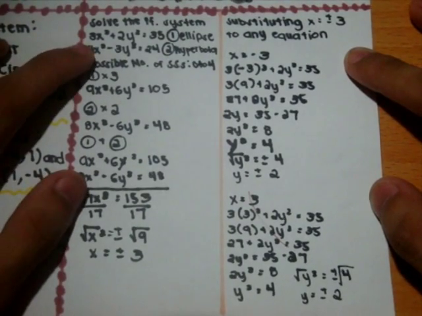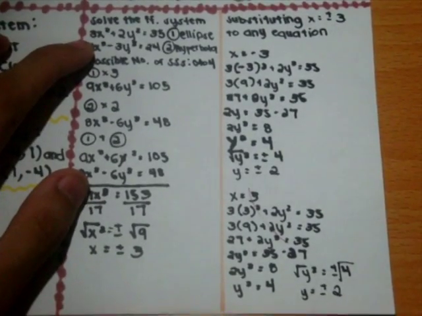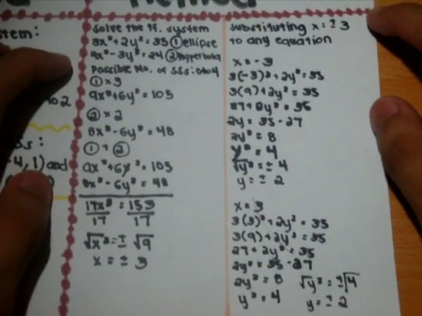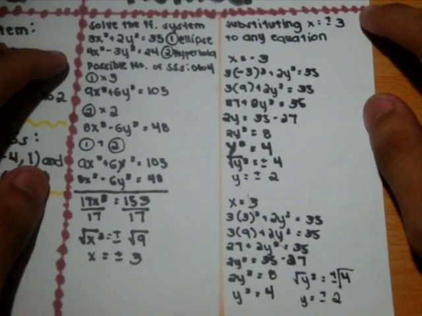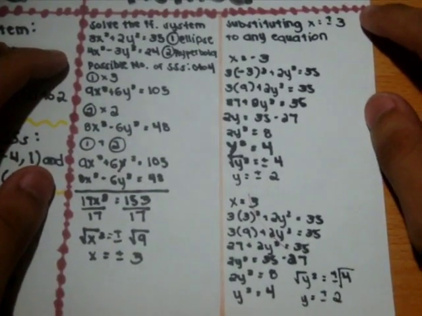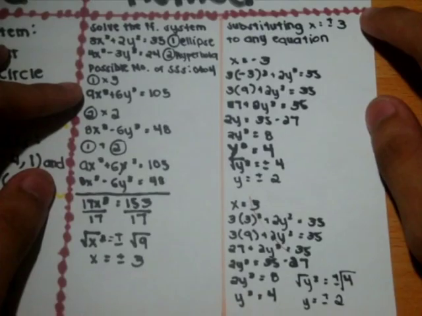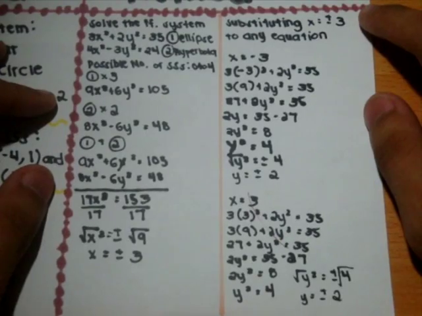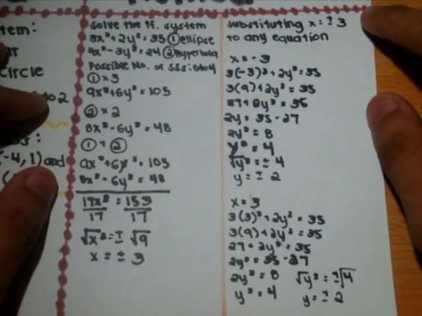To eliminate a part of the equation, we try to make the same part in both equations the same and then subtract or add them to eliminate that and arrive at either x or y values. So the first equation, I multiply it by 3 to have 9x squared plus 6y squared is equal to 105, and the second equation, I multiplied it by 2, which then arrived at 8x squared minus 6y squared is equal to 48.